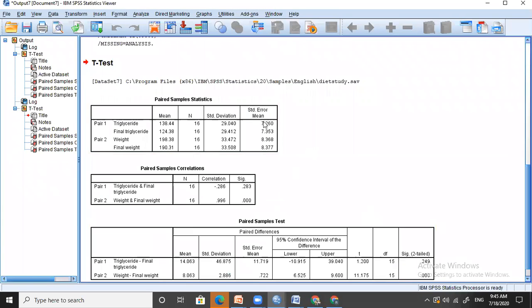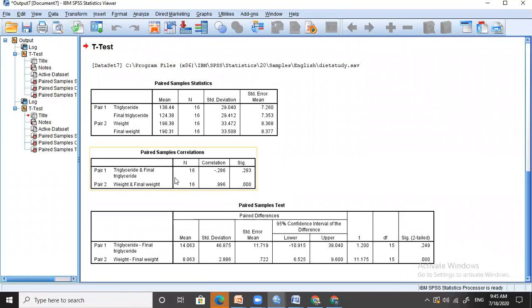Now these are our results. You can see that in the triglyceride level we are finding a decrease in the mean, and in weight we are also finding a decrease in the mean. But whether they are statistically significant or not, we will see in the next tables. Here you can see the table of correlations.